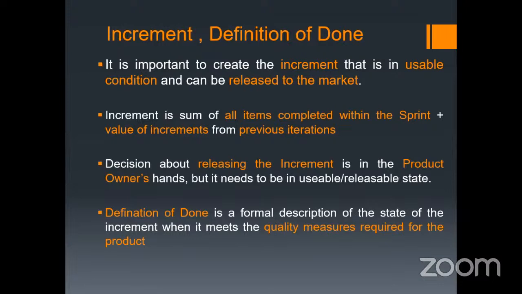So for the nth sprint, the feature developed in that sprint will be integrated with all the features developers have developed before, in all previous iterations. Basically, the increment is the sum of all the items completed within the sprint plus the value of the increment from the previous iterations.